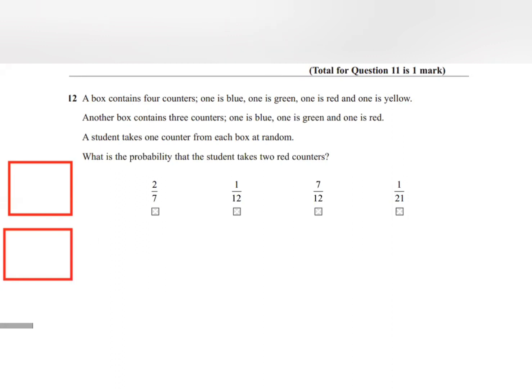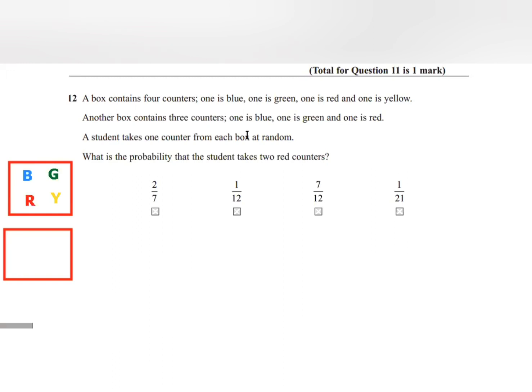Let's write them in letters. 1 blue, one green, one red, and one yellow. So we have 4 counters.